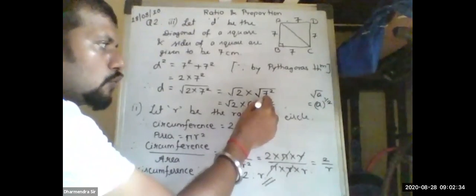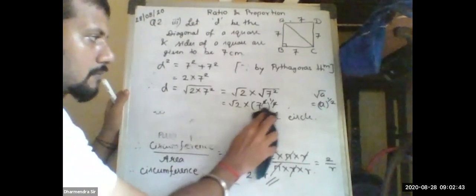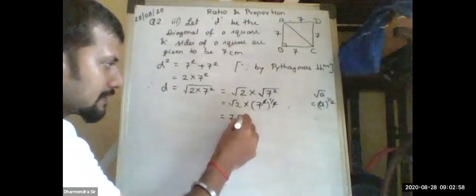So 2 upon 2, 2 gets cancelled. I hope you understood this. 2 gets cancelled in the power. This you have done in your surds. So what do we get? 7 root 2.